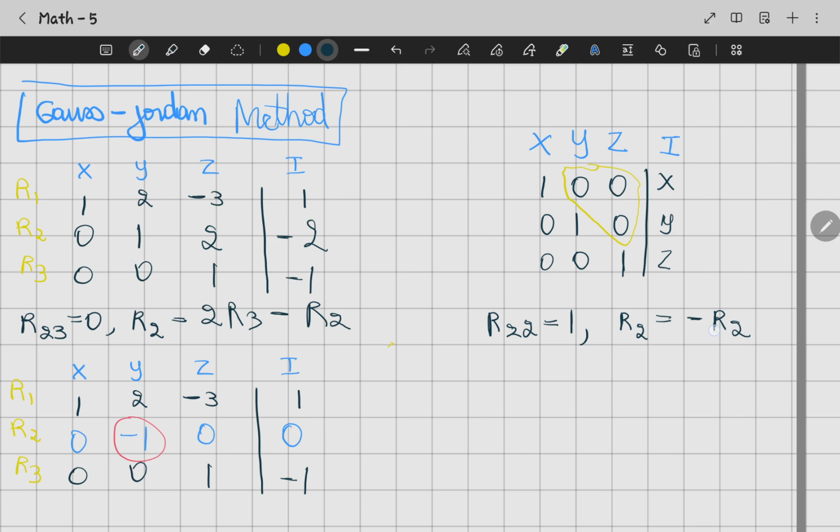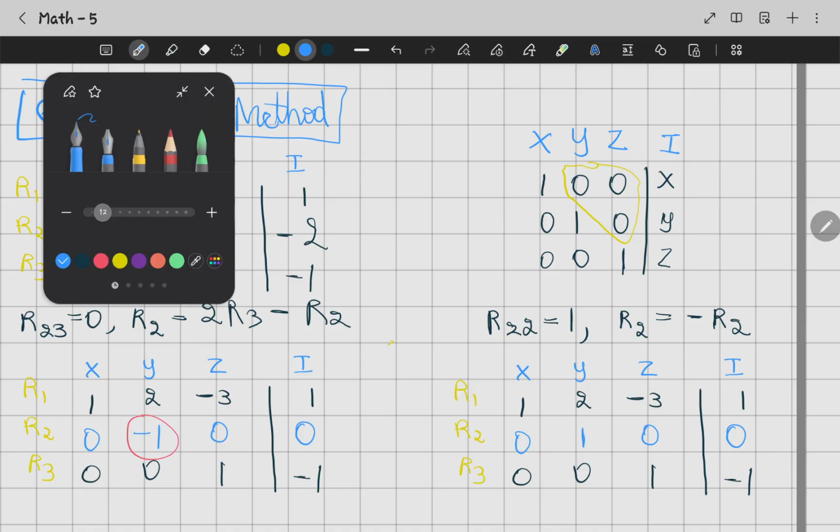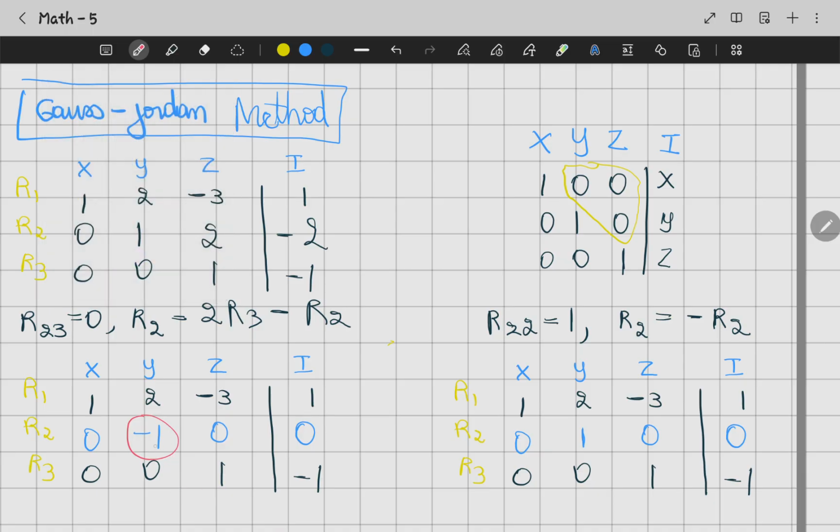So multiply all of row 2 by negative 1, taking all of this times negative. This is what we're going to get, and as you can see, that transforms the negative 1 into 1. Now we are almost there, except for this 2 that we need to convert.